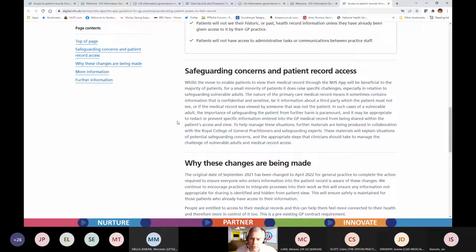You would just have to rectify that. But the online access bit wouldn't be a breach of the law; it would just be a breach of this process. So you can almost err on the side of caution, and that's what I'd suggest you do in terms of redacting or withholding information at this stage, certainly until people get more used to it and it becomes more part of people's daily routine.